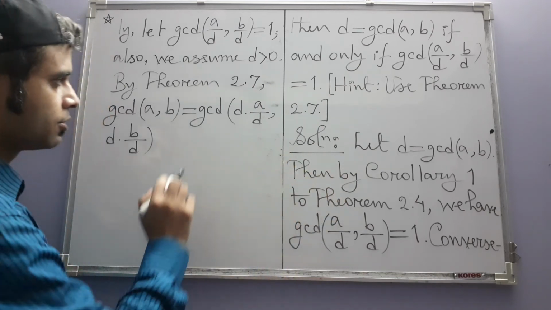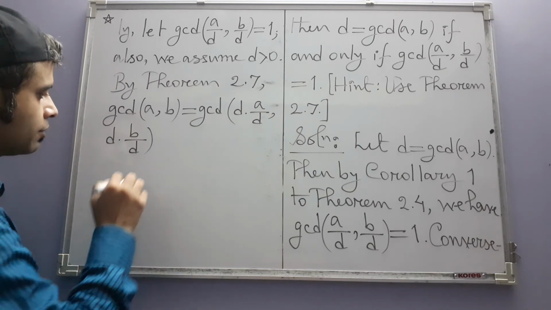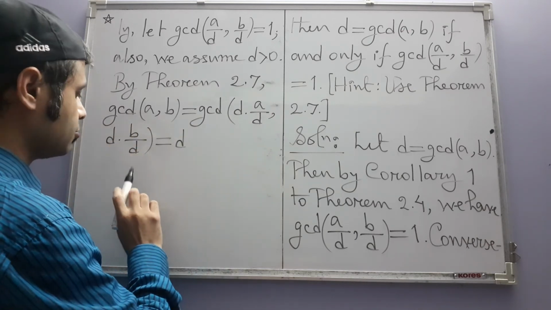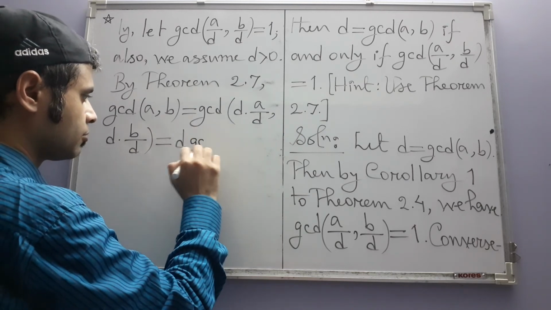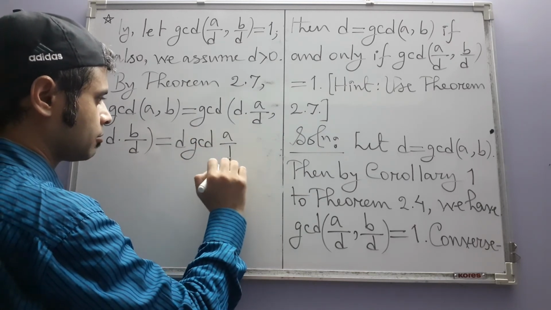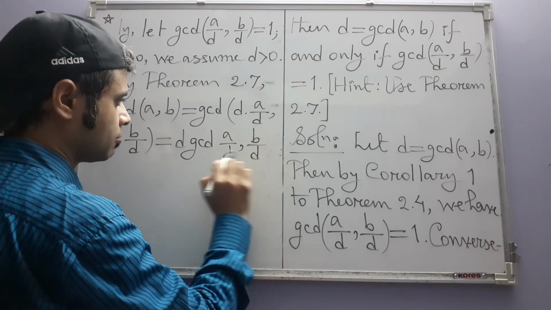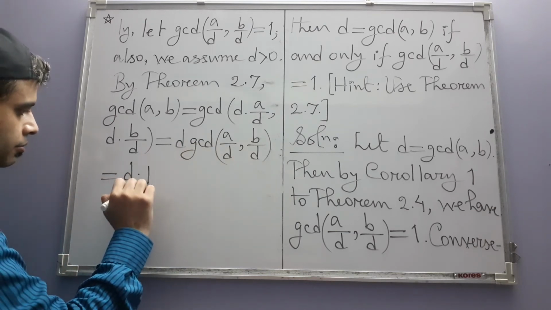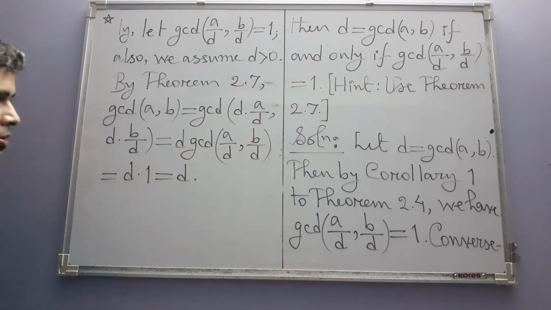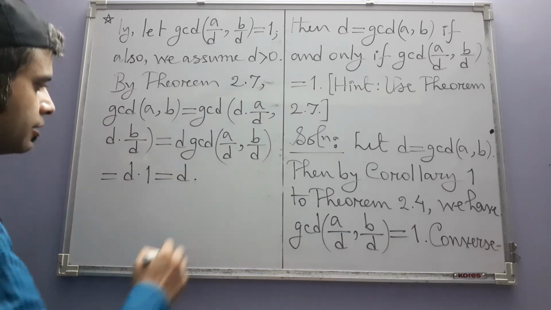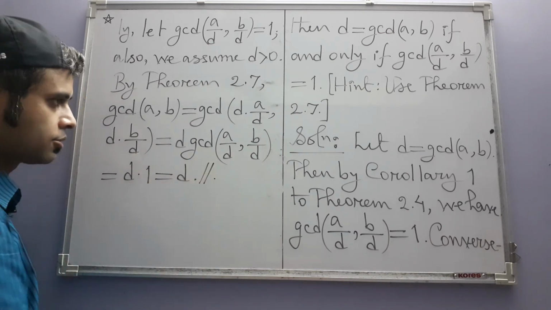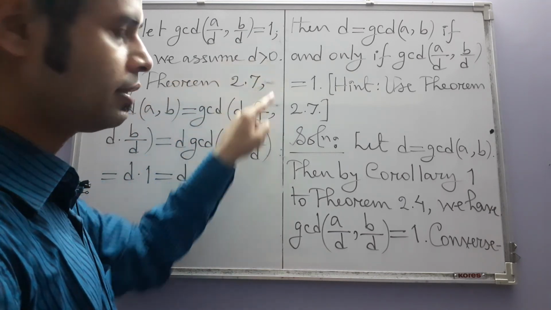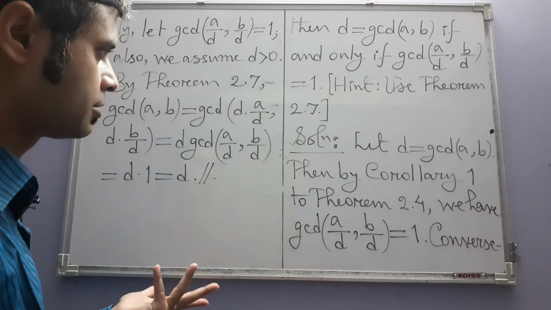K is positive, so that D here is playing the role of that K. So this should be equal to, you can take the D outside, times this, and this is given to be equal to 1, so you get D. And that's how you get the claim. So the additional hypothesis you have to make is that D is positive, and that's just it.